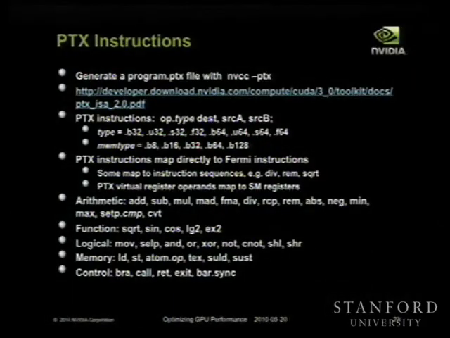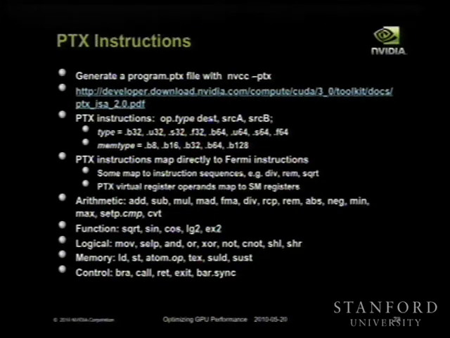So the last topic is PTX instructions. If you want to see what the compiler is generating, you can compile with -ptx and look at machine instructions. PTX stands for parallel thread execution, which is a virtual instruction set architecture that we use for all of our CUDA programs. The instructions are pretty simple.